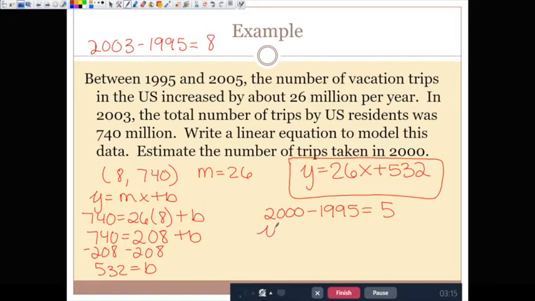I'm going to be looking for my y value. So I have y equals 26 times 5 plus 532. And 26 times 5 plus 532 is going to give me y equals 662, and it's going to be millions. Which makes sense that it's less than 2003 because it's been less time.